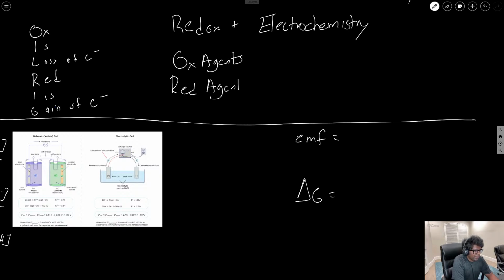So let's talk about that. Oxidizing agents are agents that are able to cause another atom to oxidize. So these oxidize others. Therefore, they get reduced.